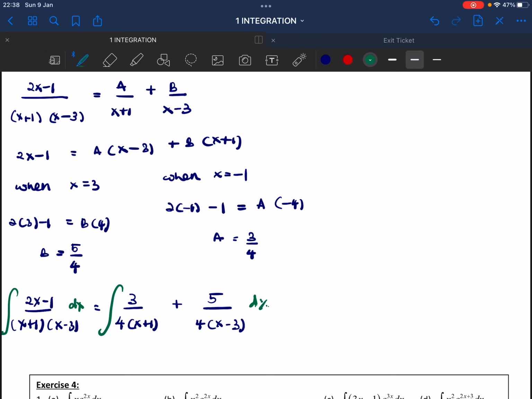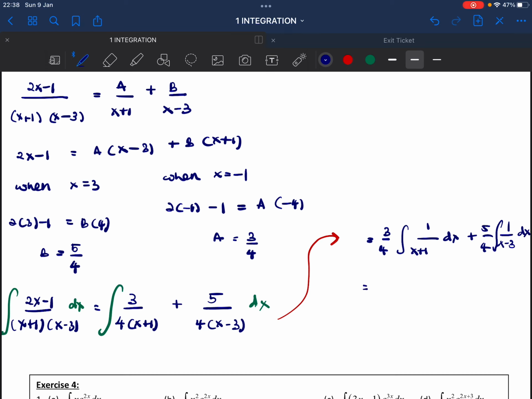Sebab tu kita buat partial fraction supaya mudah untuk kita integrate lah. So now you can just integrate by using the basic rules. Integrate 3 over 4 times 1 over x plus 1, and that will be equal to, the constant is 3 over 4, integrate 1 over x plus 1 dx, and keluarkan constant 5 over 4, 1 over x minus 3 dx.